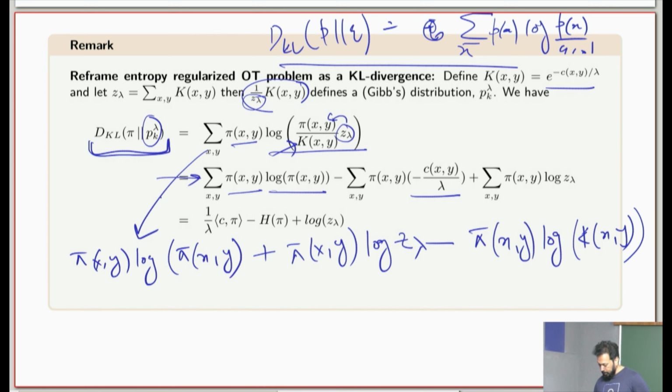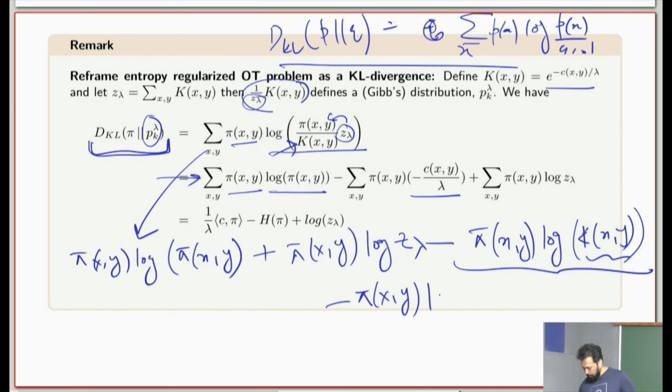Here there is a little bit of a jump, because I substituted the k as well. Now let us work only on this part: minus pi_xy log of k_xy. k_xy was an exponential, e to the minus c_xy divided by lambda.